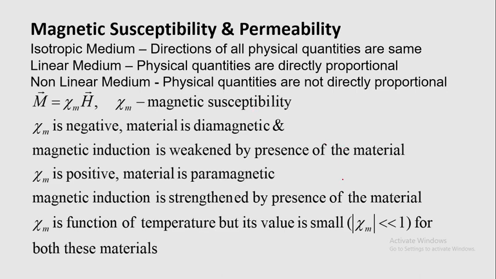Then here H is negative. That means you apply the field by reversing the direction of current through the solenoid. When you reverse the direction of current, the direction of intensity gets reversed, so the direction of the external field gets reversed, and you will find that the magnetic induction becomes less and less.